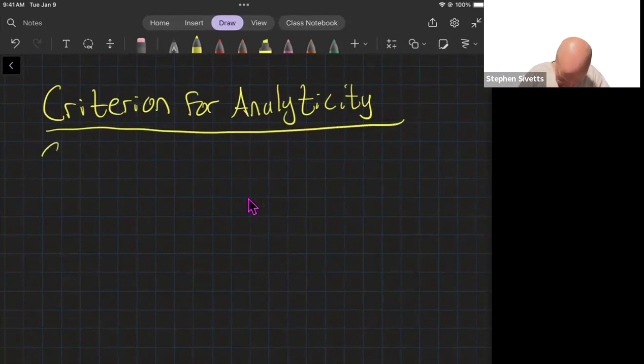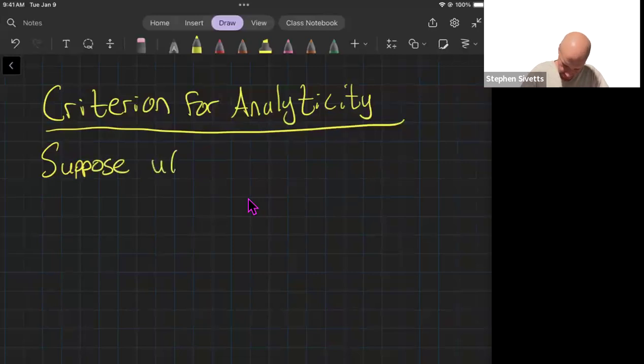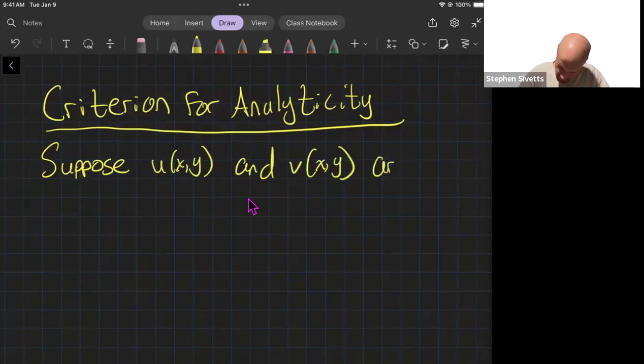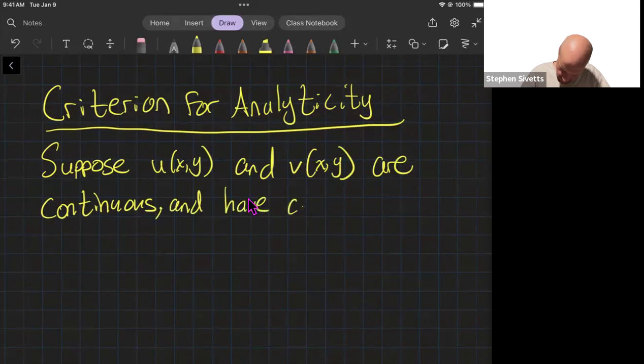Suppose u of x y and v of x y are continuous and have continuous first order partial derivatives.